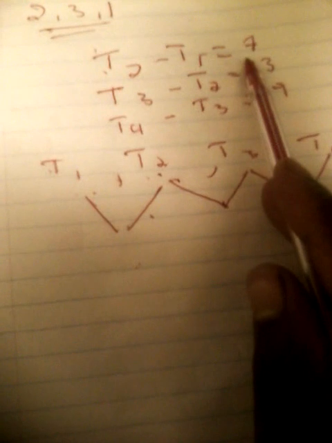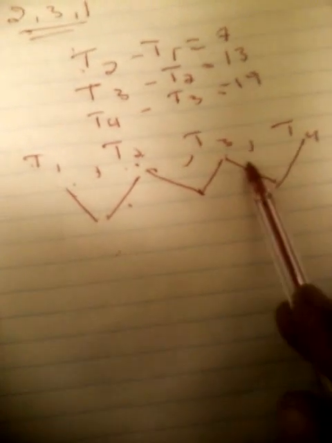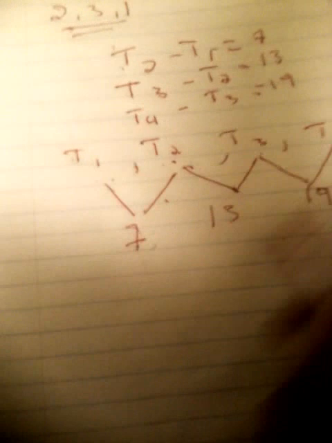When you find T2 minus T1, you get the difference 7, T3 minus T2 gives 13, and T4 minus T3 gives 19. So we have 7, 13, 19.